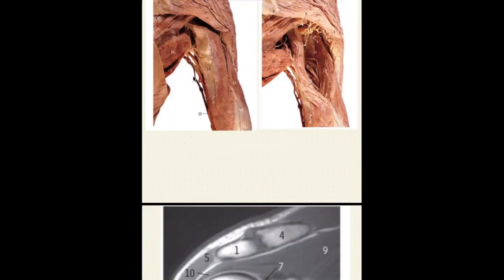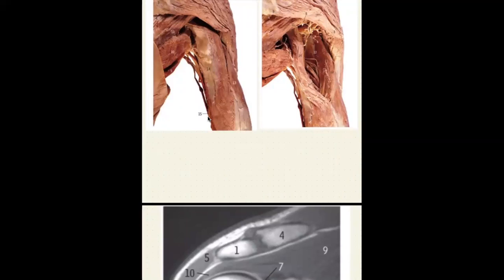Behind the pectoralis minor, the second part gives origin to the thoracoacromial and lateral thoracic arteries, and the third part gives the subscapular and anterior and posterior circumflex humeral arteries. Right? Did you get it? Yes, got it. Thank you.